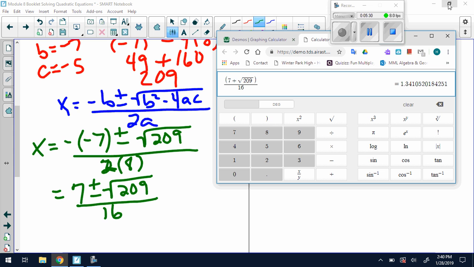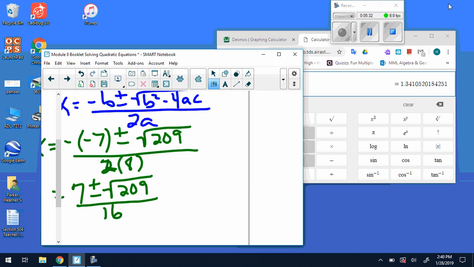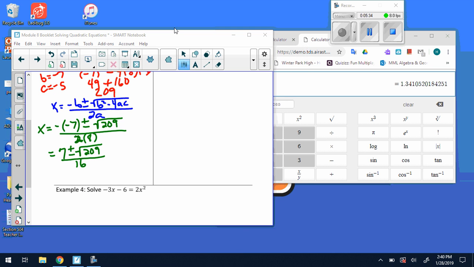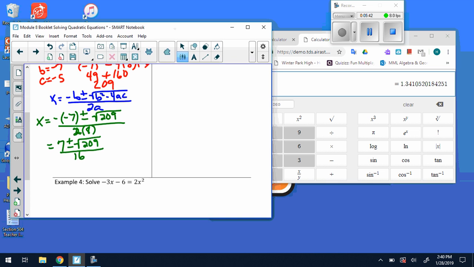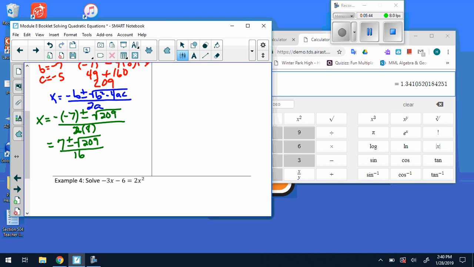If I was told to round to 2 decimal places, that would give me 1.34, because I look to the right, that gives me 1, and that tells me to stay the same. So I am going to do with the plus 1.34.